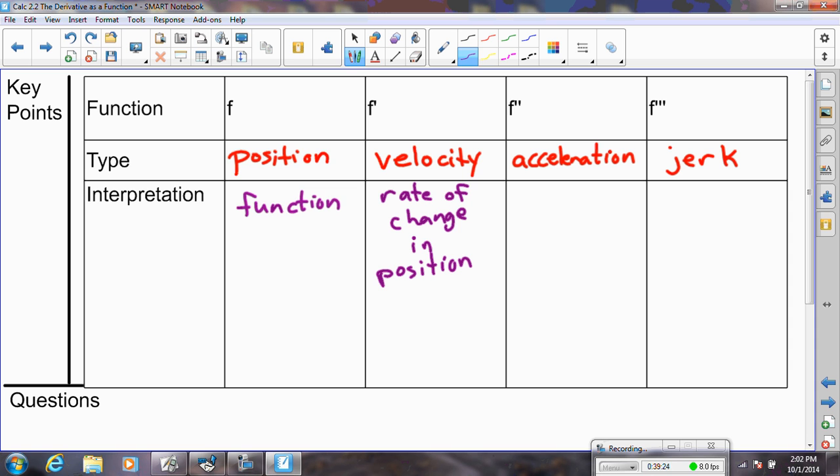Now, because I'm a little bit lazy, I'm going to abbreviate rate of change. Rate of change in the velocity. And jerk is the rate of change in acceleration.